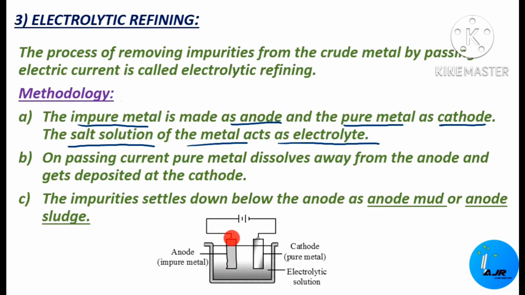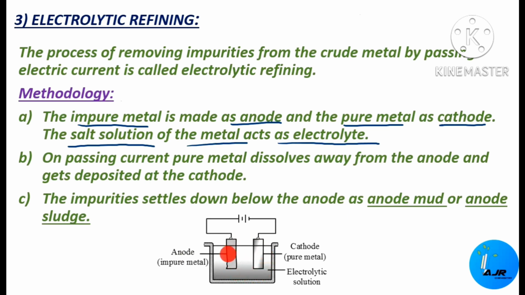See, when this anode is connected and this cathode is also connected to an electric circuit, and when current is allowed to pass through the electrolyte, what happens? The anode, as I told you, is made up of impure metal, is it not? So the pure metal which is present in the anode will start to dissolve away from the anode. It will be starting to move away from the anode and it will be getting deposited on the cathode.